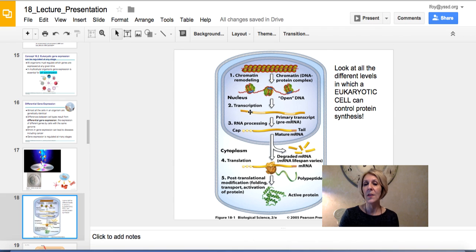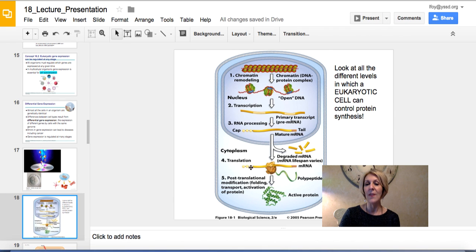We can control at the transcription phase. We can control RNA processing: after the messenger RNA is transcribed, we can edit that messenger RNA. And after the mature messenger RNA leaves through the nuclear pores to go out into the cytoplasm, we can still control protein synthesis.